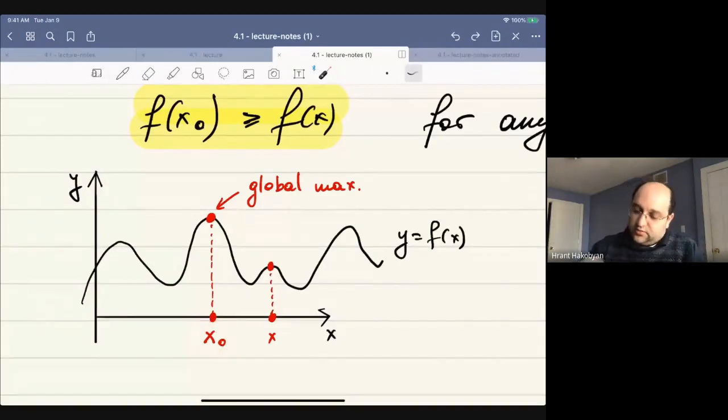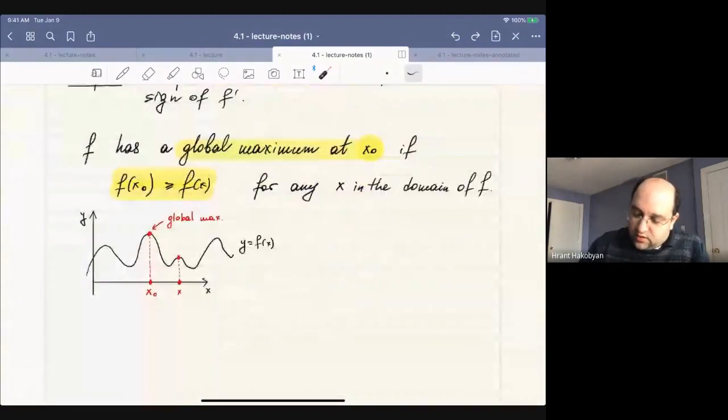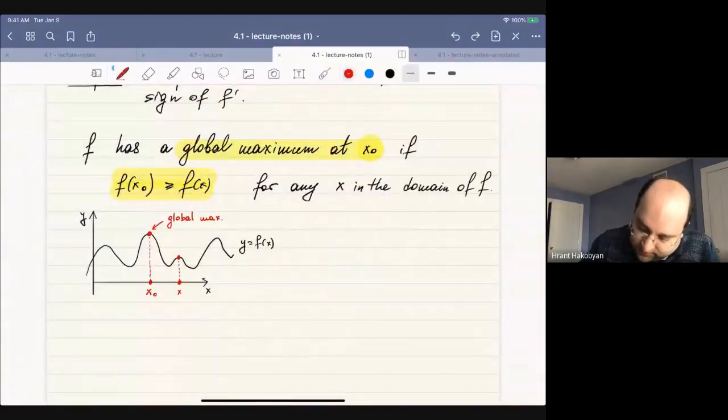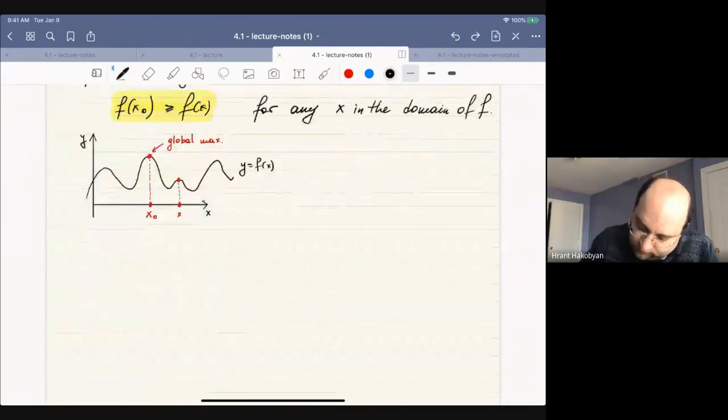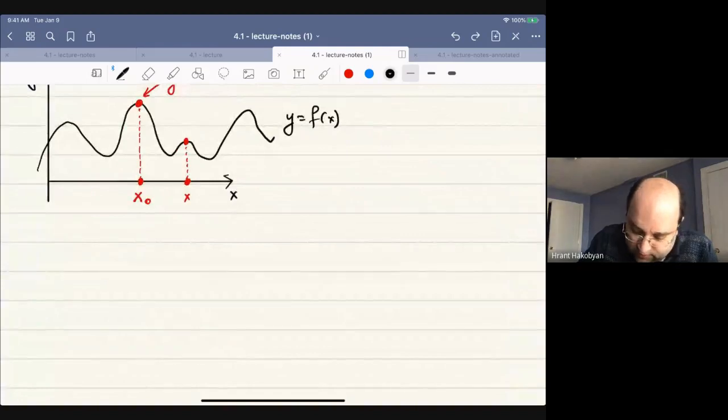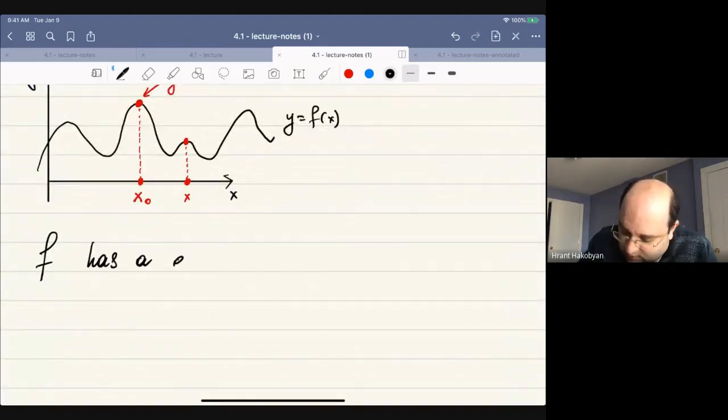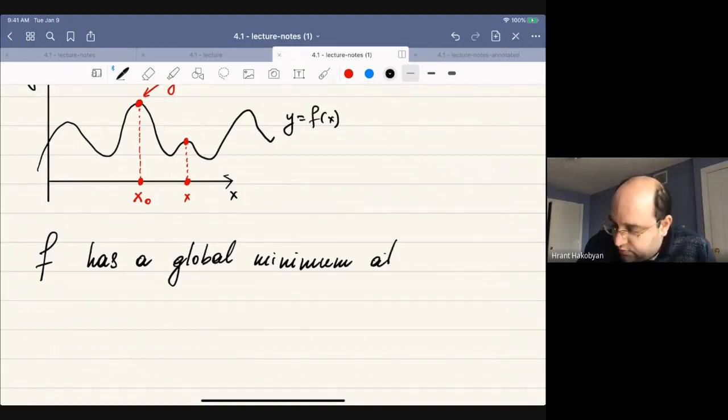Okay, at x naught. So similarly, we have that f has a global minimum at the point x naught if we have the opposite inequality.